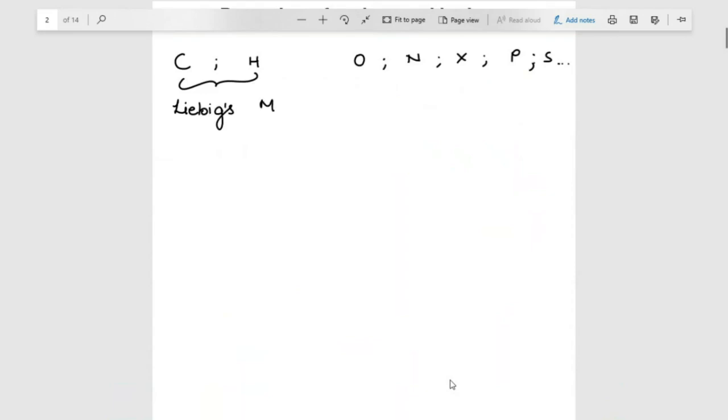For that we use Liebig's combustion method. Now, what is this Liebig's combustion method? It is a method to estimate carbon and hydrogen with the help of dried CuO.